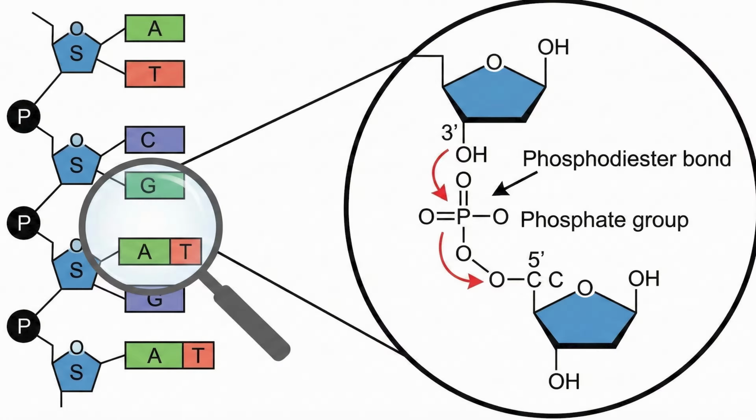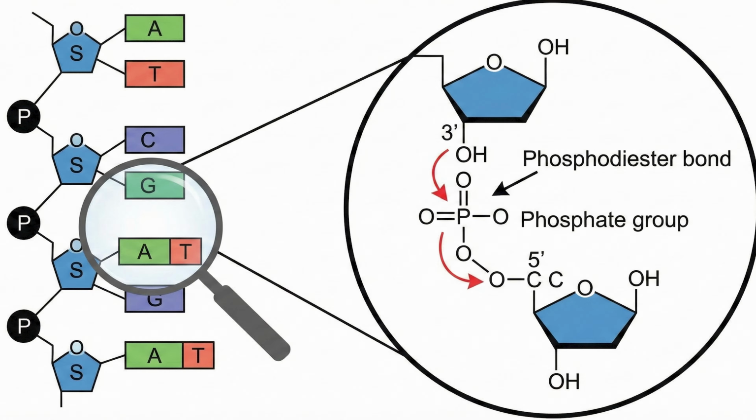Now, that phosphate group is now bound to the carbon 5 position of the next sugar. And then that sugar's 3 position is bound to a hydroxyl, which is bound to a phosphate group, which is bound to the 5 position of the next sugar, and so on down the chain.